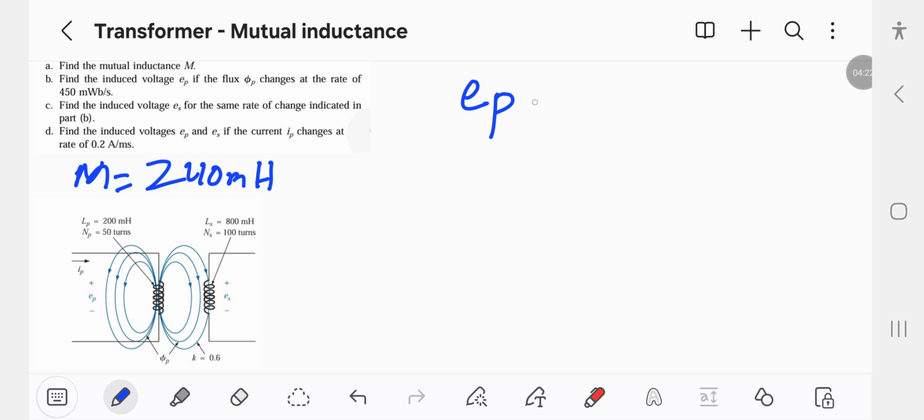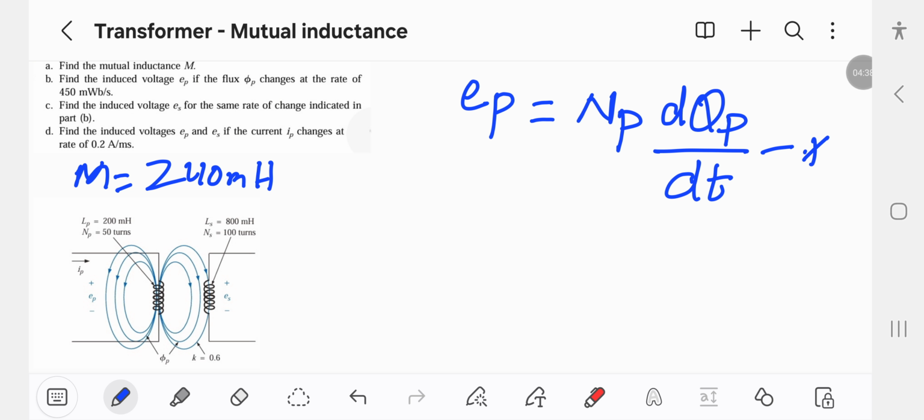So according to Faraday's law, the induced voltage in a primary coil is equal to the number of turns in a primary coil and the rate of change of flux linked to the primary coil.